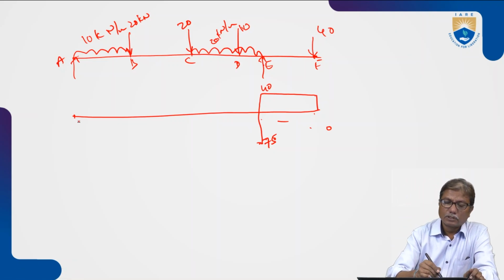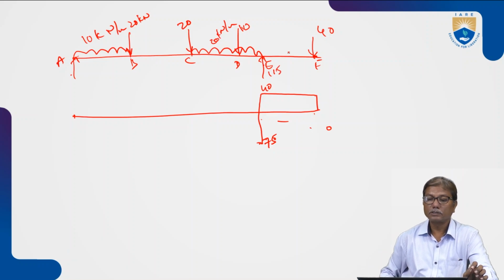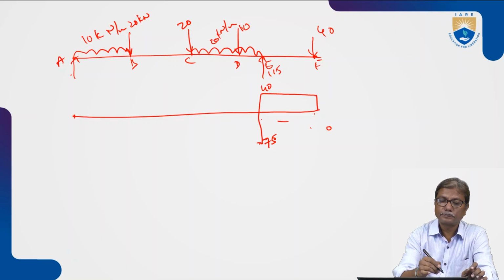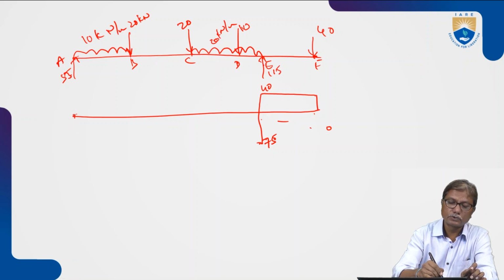Okay. Now coming to this, reaction at A is 55, isn't it? 55. So it is negative. Left side of course is negative. So we'll take it below.